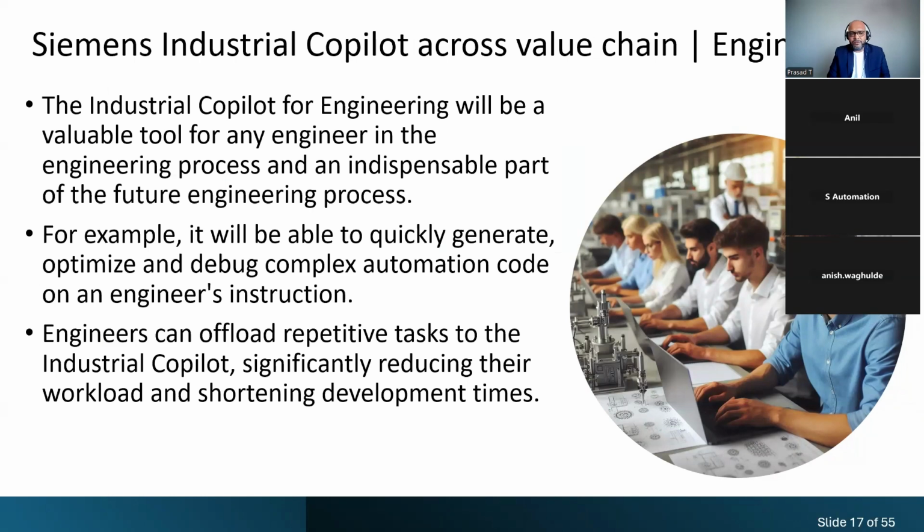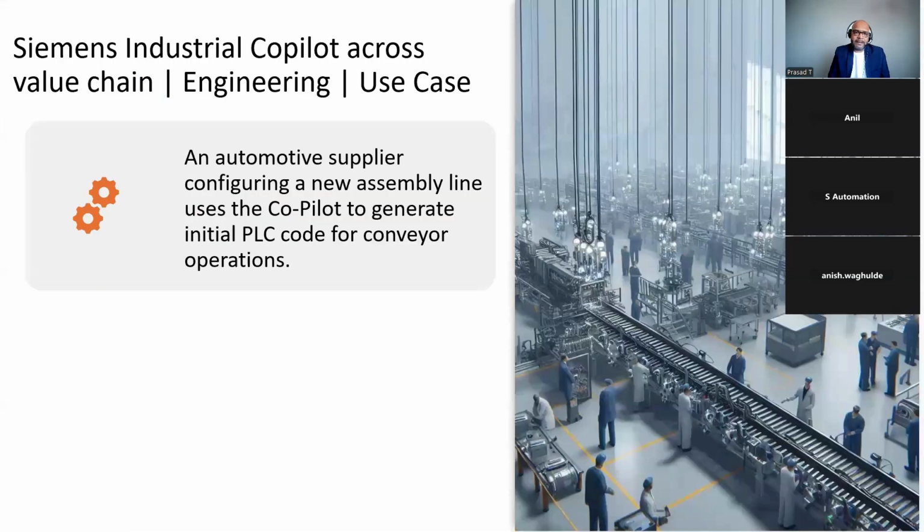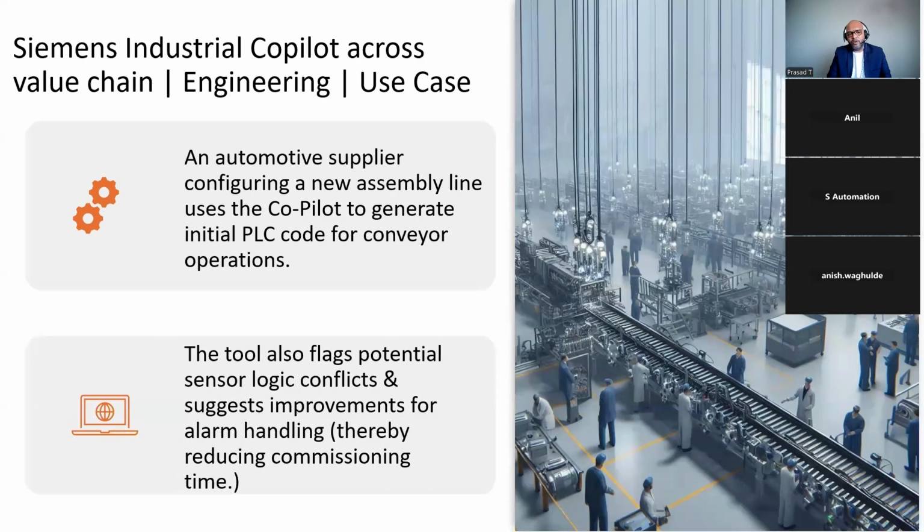Then engineering is one of the interesting areas that Siemens is planning to build the Copilot into. One example: in the automotive line, if there is a conveyor assembly line and we have a PLC code for the assembly line or conveyor operation. Generally, right now, if there is any malfunction or any bug in the code, the developer spends time debugging and then eventually comes to the results.